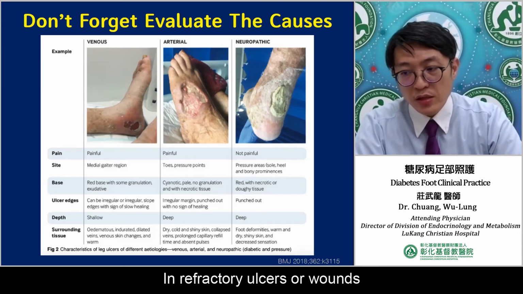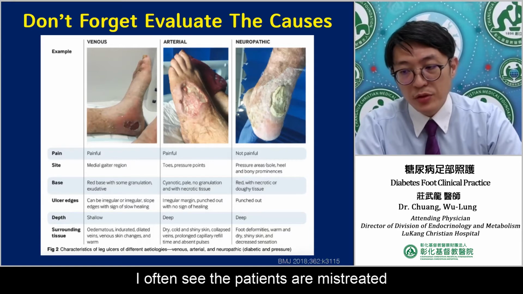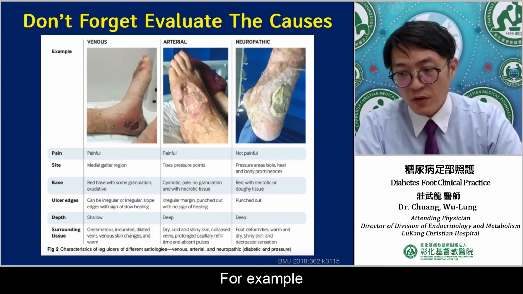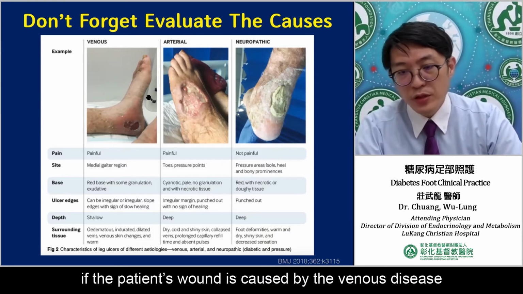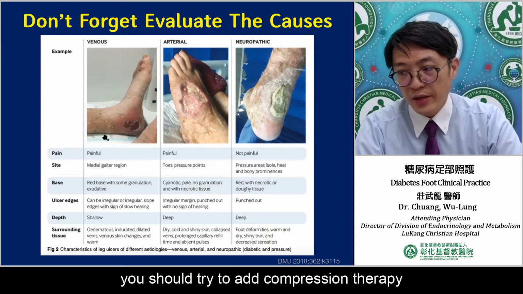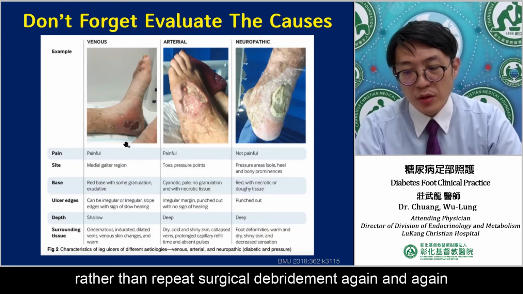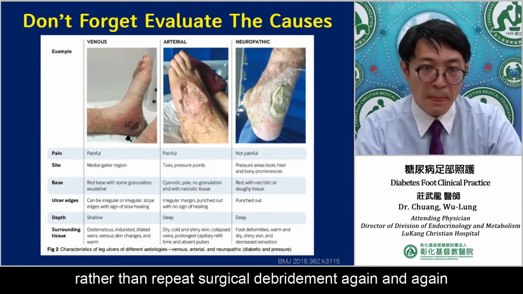In refractory ulcers or wounds, I often see patients are mistreated. For example, if the wound is caused by venous disease, you should try to add compression therapy rather than repeat surgical debridement again and again.